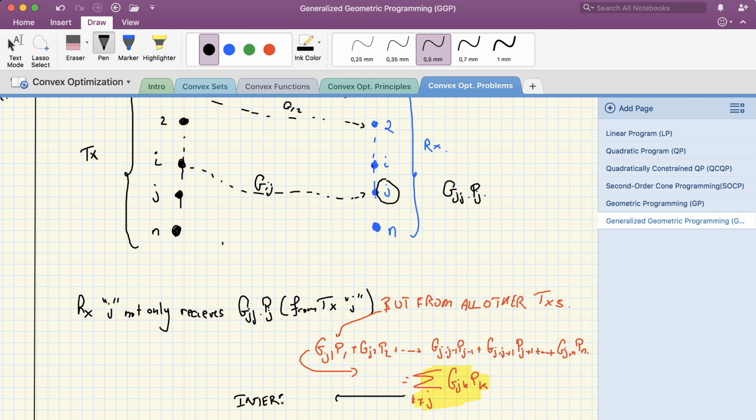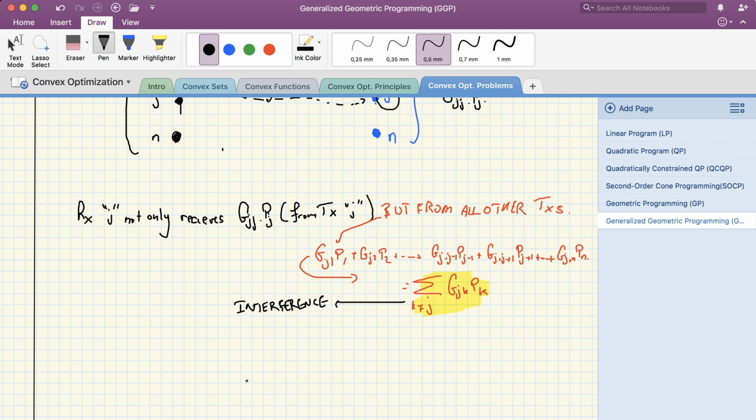And therefore, in communication systems, we usually care about an important ratio called the SINR, the signal to interference noise ratio. That is equal to the desired power in the numerator. In our case, an SINR for which receiver?